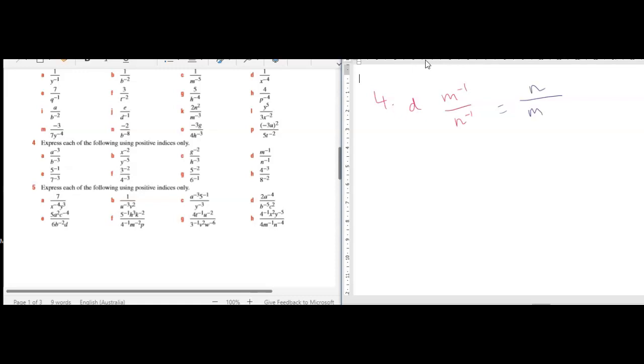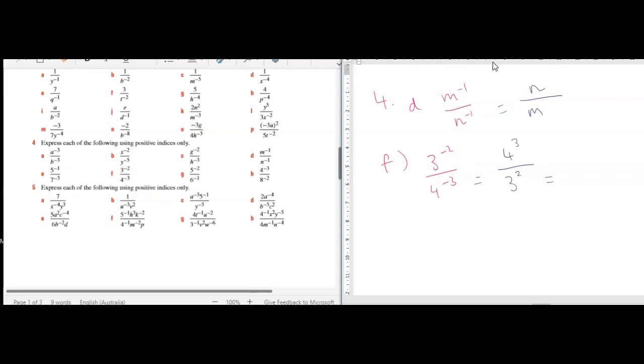Let's find a harder one to do. Let's do F. So 3 to the -2 over 4 to the -3, the same thing. So the 3 now goes on the denominator and the 4 comes up on the numerator. It doesn't say to leave it in index form, so we can simplify.